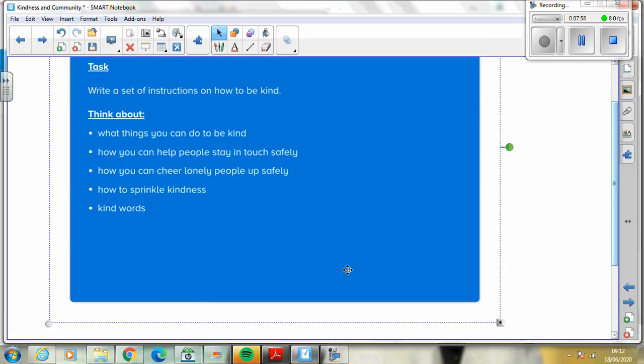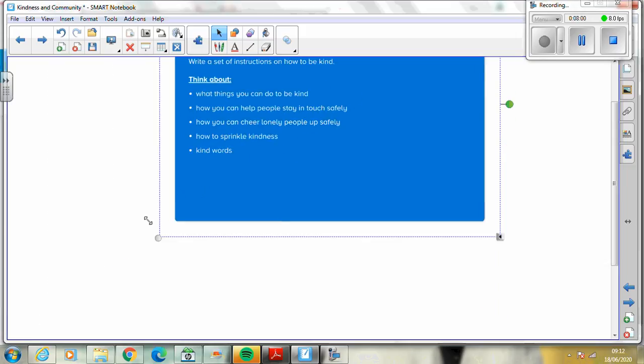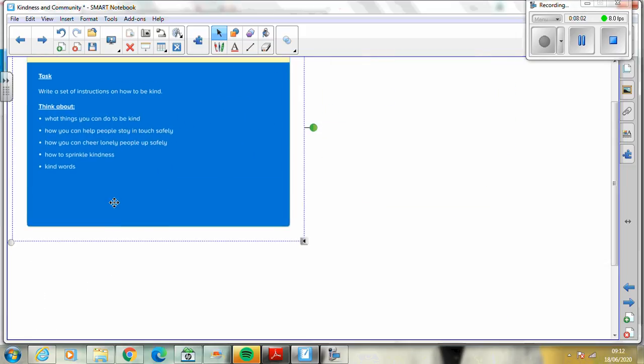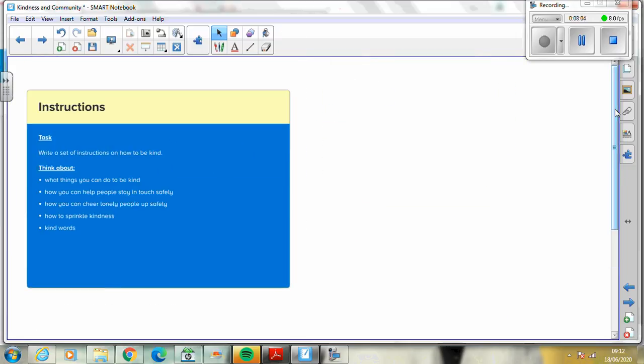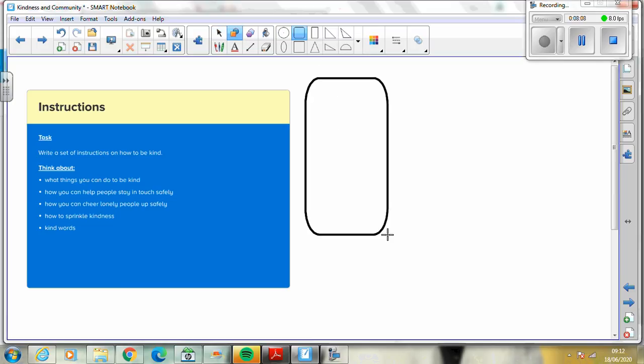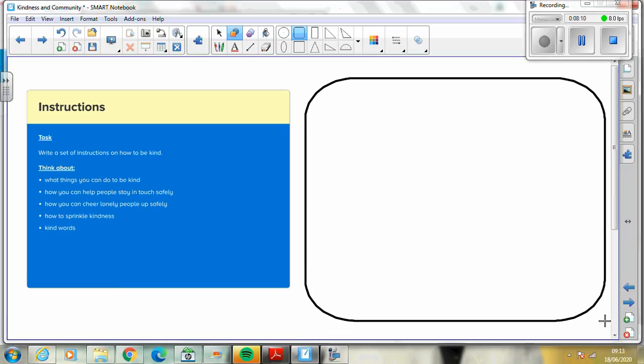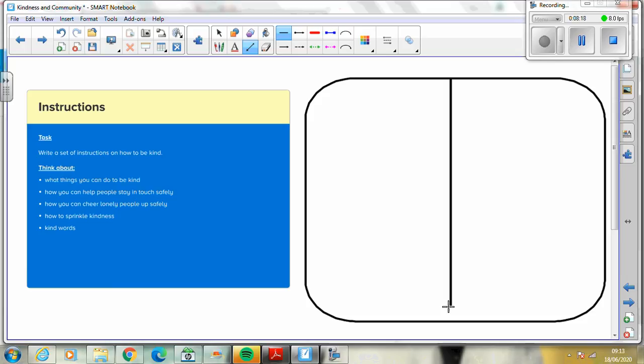I'm just going to reduce this slide down a little bit, and I can show you what that would look like. So imagine for me that this is your page in your book, and on your page you're going to draw a line down the middle.